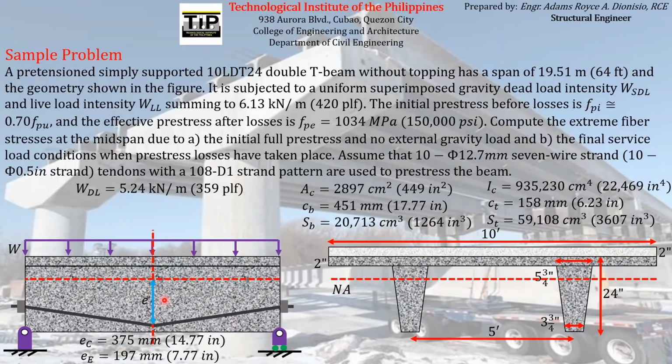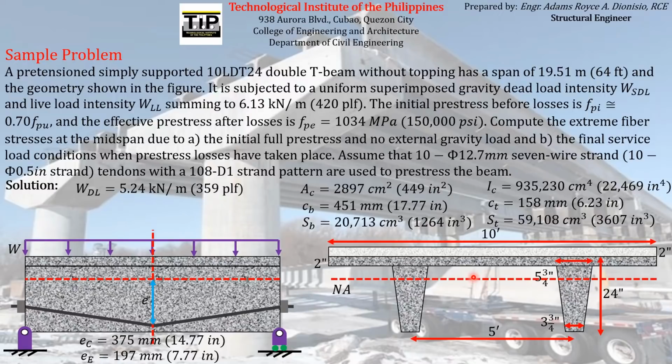So those are the givens on the problems. You can see on the subject of pre-stressed concrete design, every problem usually has many givens, especially the dimensions and the cross-sectional properties, like the cross-sectional area.